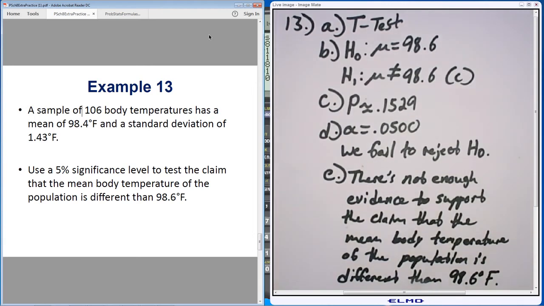There we are. There's not enough evidence to support the claim that the mean body temperature of the population is different than 98.6 degrees Fahrenheit. Number 13.